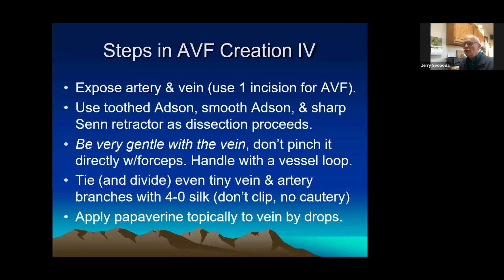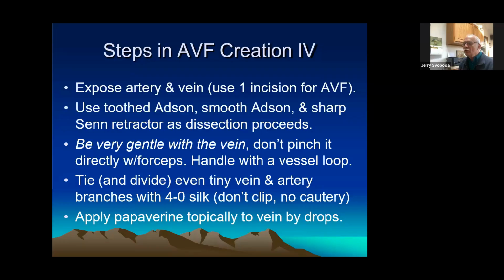The use of topical papaverine, drip, drip, drip on the vein as you're dissecting it, does wonders. It improves patency rates, and it improves doability rates of the AV fistula. The vein will spasm as you work on it. If you don't believe this, you'll see it yourself.